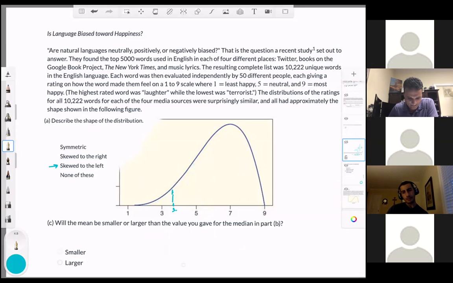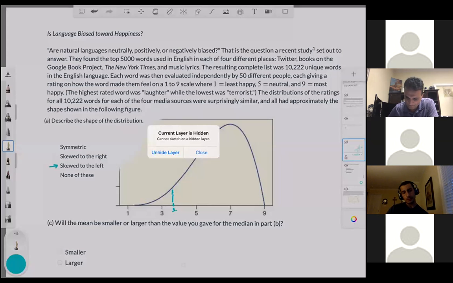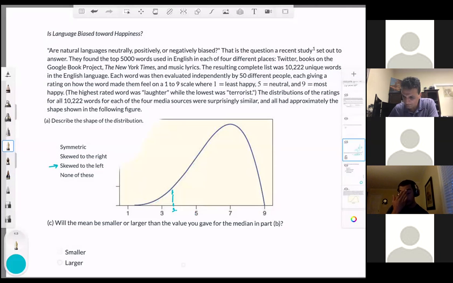Will the mean be smaller or larger than the value you give for the median? So the median we said is 6.5. That's the last question. This is the median.